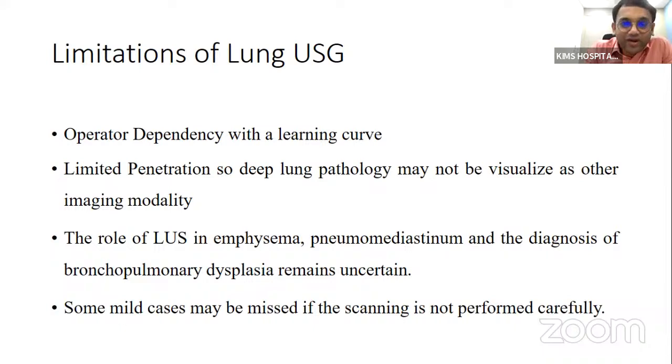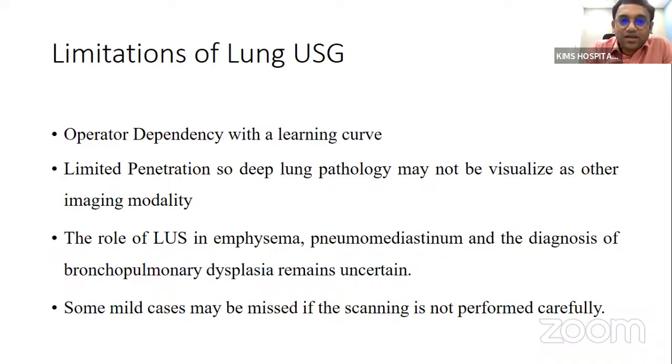And we can avoid giving a second dose of surfactant in babies who are not responding to one dose of surfactant, where they have a pneumonia kind of pattern. And we can avoid giving surfactant in preterm babies where they just have the pneumonia kind of pattern. Optimizing the antibiotics in these babies will actually give a better outcome rather than giving another dose of surfactant.